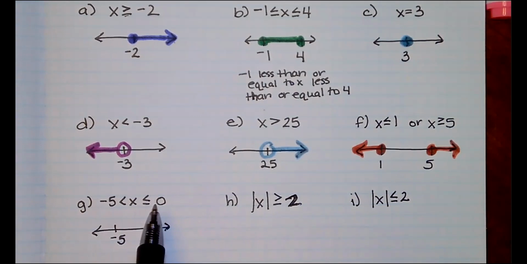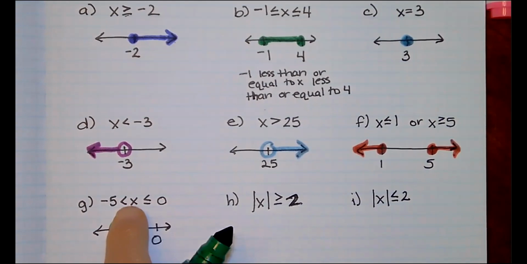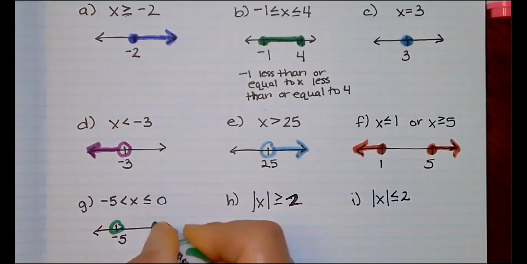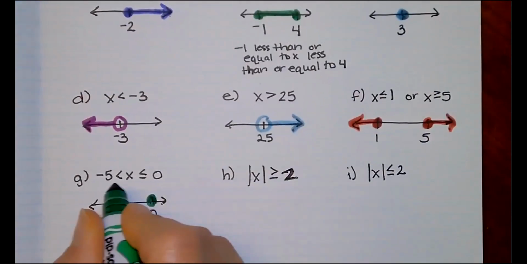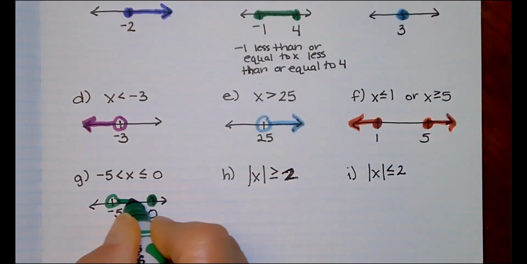But it also has to be smaller than 0 or equal to 0. So I'm going to have an open circle at -5 because of the less than. And because of the less than or equal to over here, I'm going to have a solid. And again, when we have something written in this form, I'm going to be wanting what's in between. And that would be our graph.